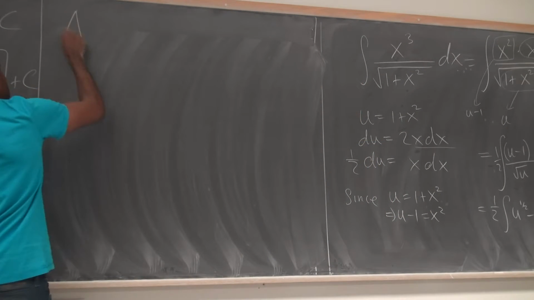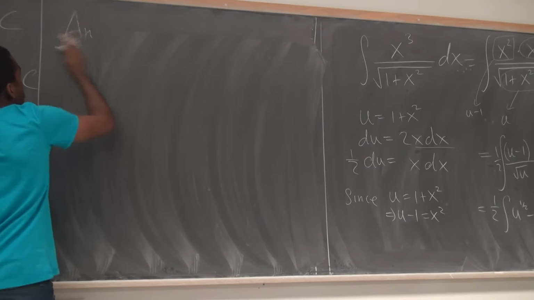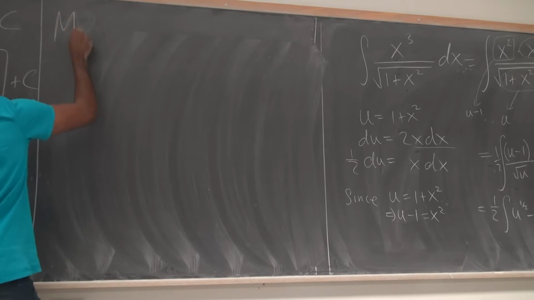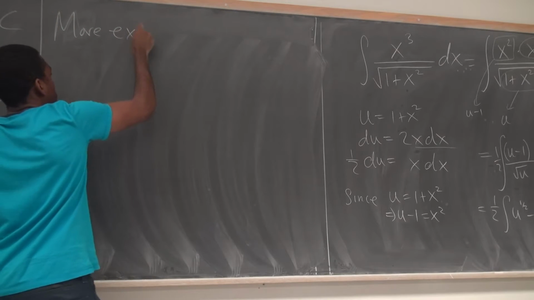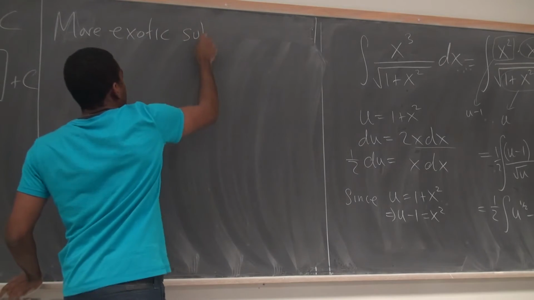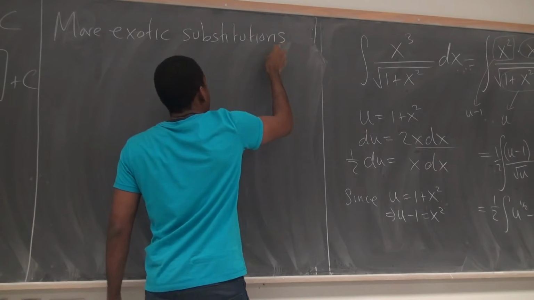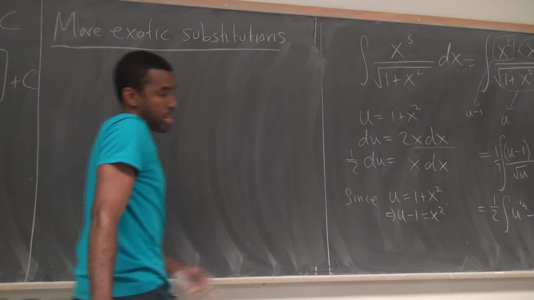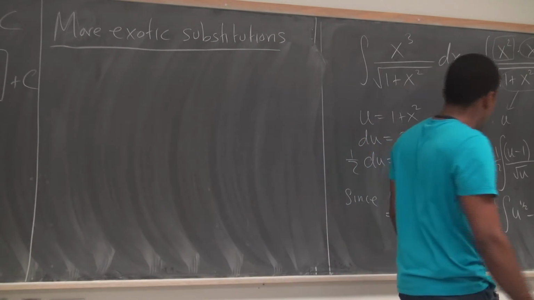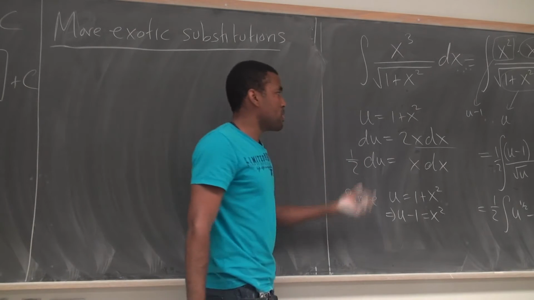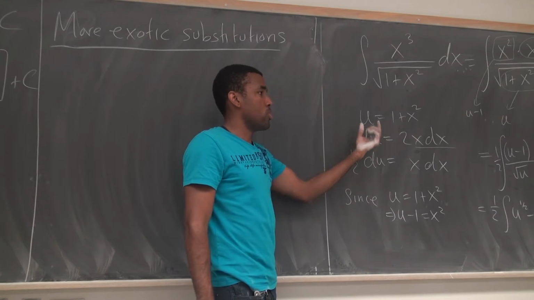Another thing: more exotic substitutions. As you're going to learn with integration, like trig sub and things like that, substitution doesn't always have to look how you think it has to look.